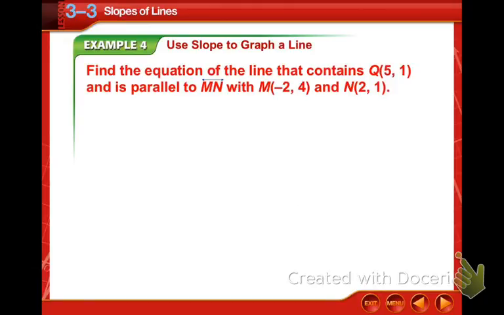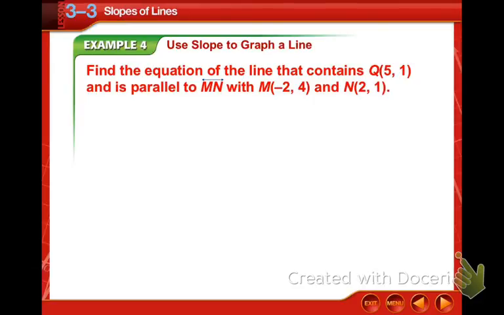So here we want to find the equation of a line that contains point Q and is parallel to MN. So we need to find the slope of MN. That's going to be our slope for our new line with Q in it. And then we use point-slope form with Q in it and our slope, and we'll have our new line.